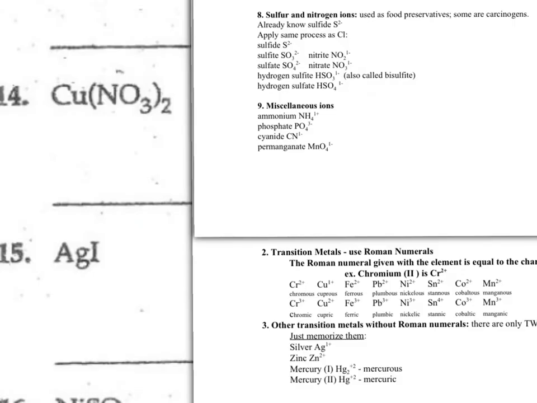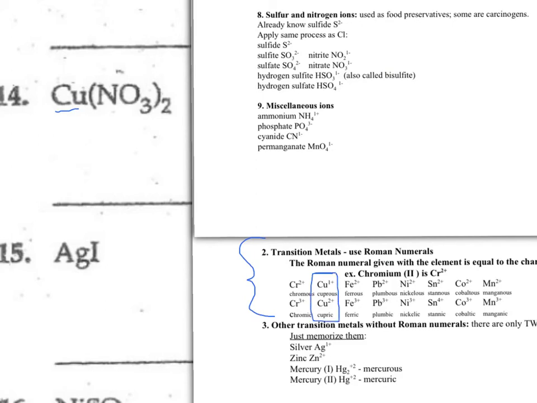Okay, let's do one more. And I'm going to do this one here with copper. You just have to get used to the fact that you're going to have to recognize when you have a transition metal, and copper is a transition metal. And you can see it right in here.